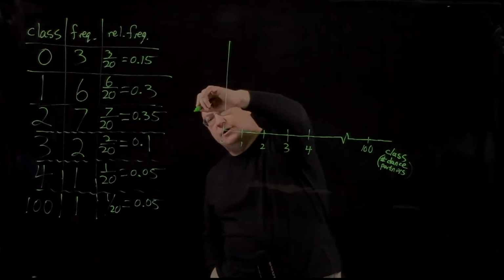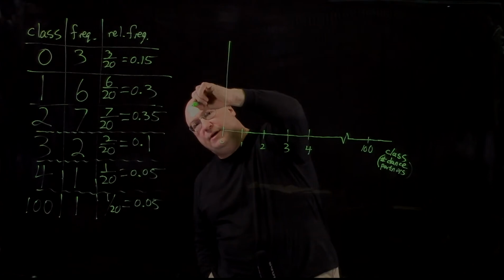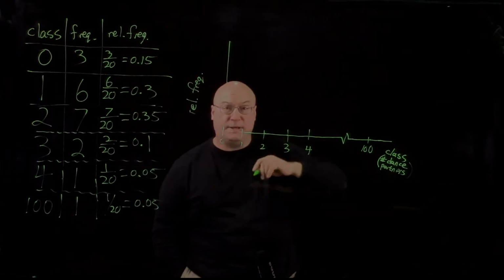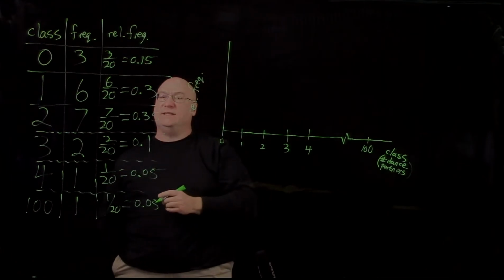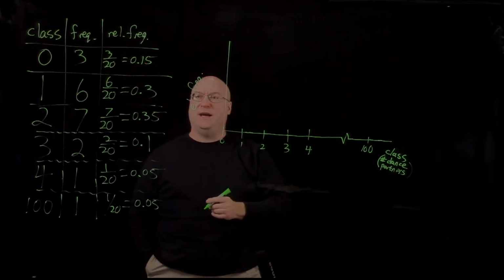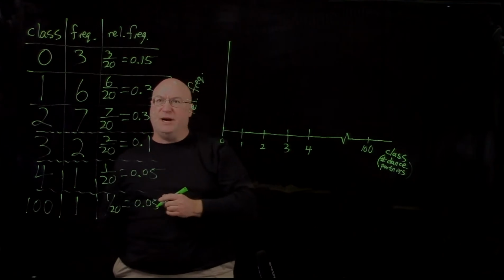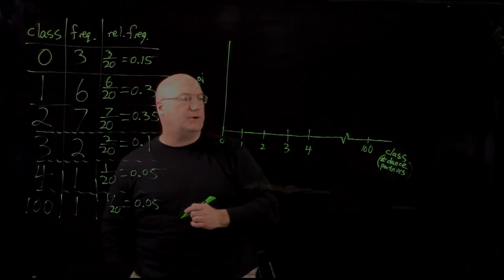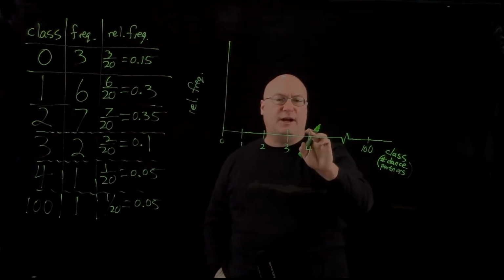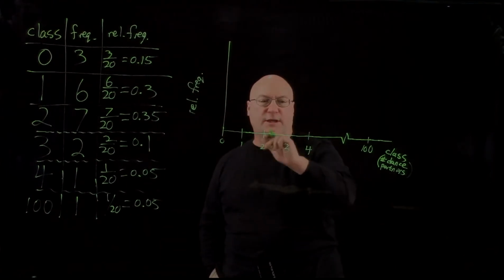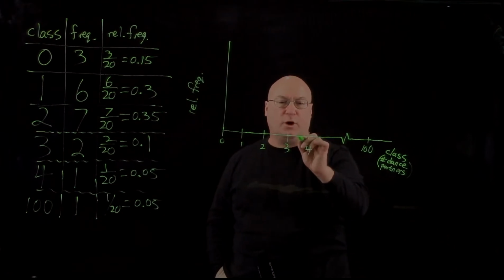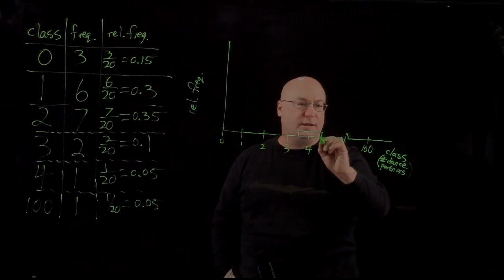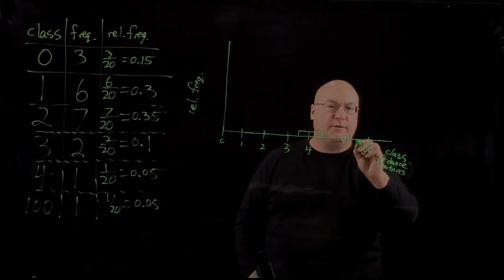And on the vertical axis, we'll have the relative frequency again. The highest we have is 0.35, and the lowest we have is 0.05. I'm going to put in the 0.05 first. For 4, it looks about like that, and also for 100. So I'm going to go about right there and back down.